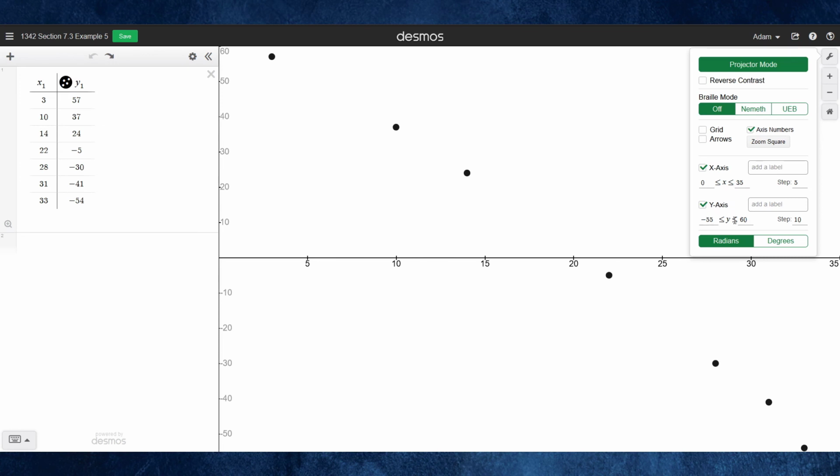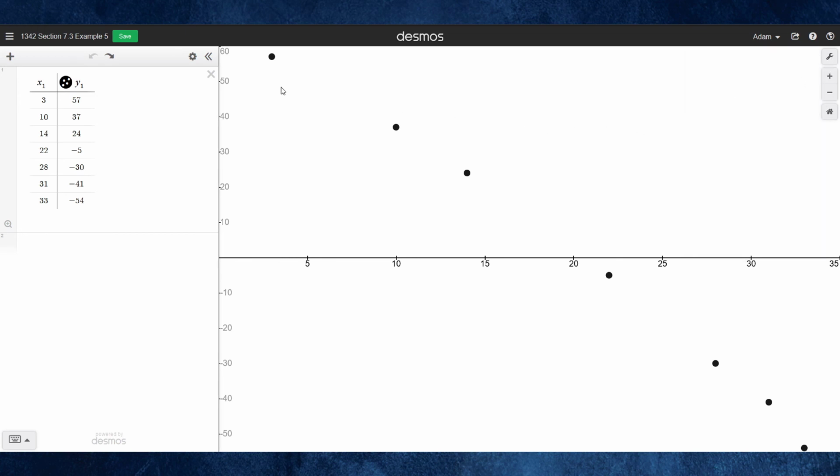And I did the same for Y as well, since negative 55 is lower than anything else for these Y numbers. 60 is bigger than any of these other numbers. Once I put those values in here for the highest and lowest X values and Y values, it should be able to show up the full scatter plot. Now we can see how the trend looks downward and the points are lined up pretty well.